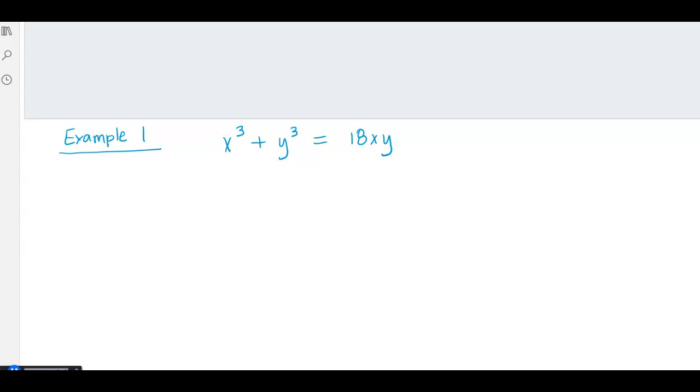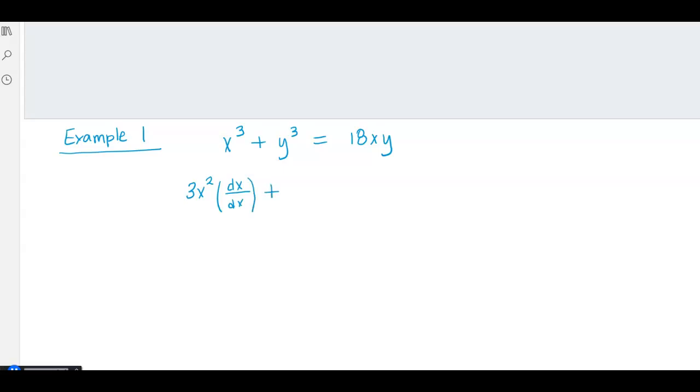So for this first term, x cubed, the derivative with respect to x is 3x squared, using the power rule, bringing the power down in front, dropping it by 1. And technically, I have just taken the derivative of x with respect to x.